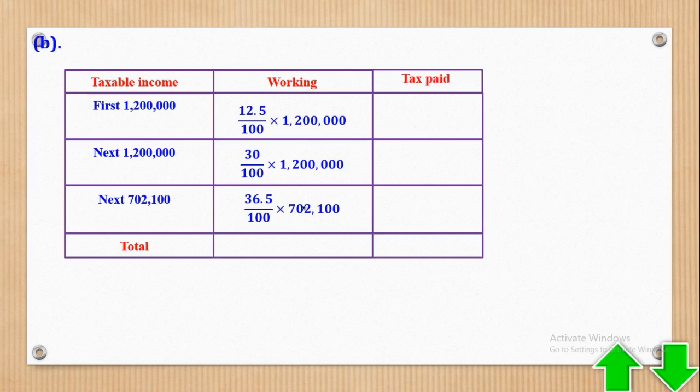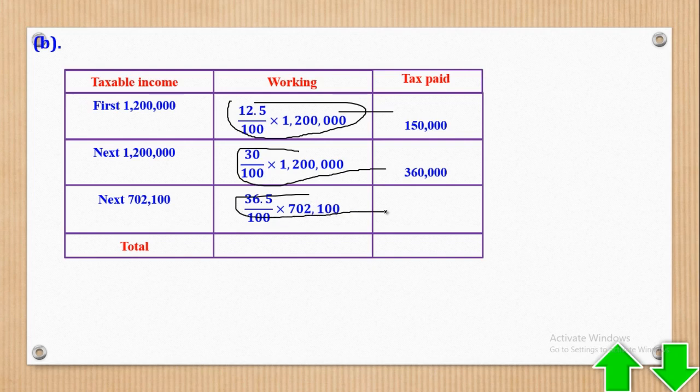Now next we need the column for the tax paid. So tax paid means that we have to use a calculator to get this value, so that value will be 150,000, and this value will be 360,000, and this value will be 256,266.5.